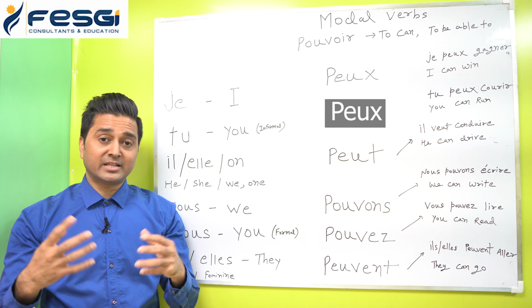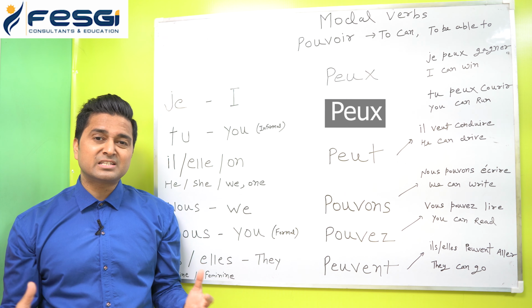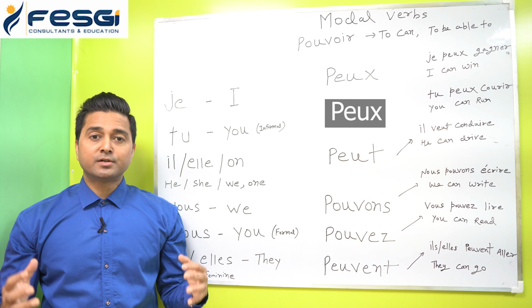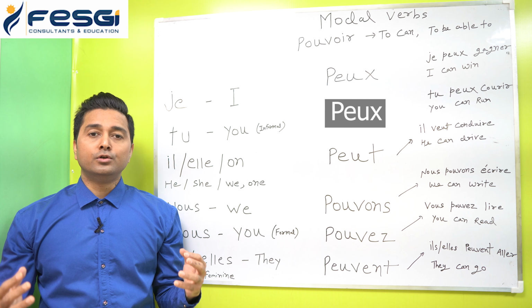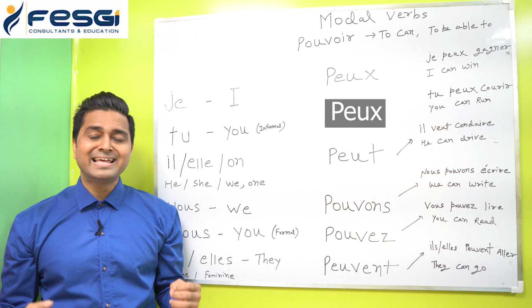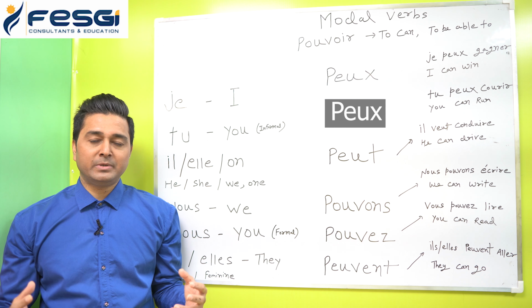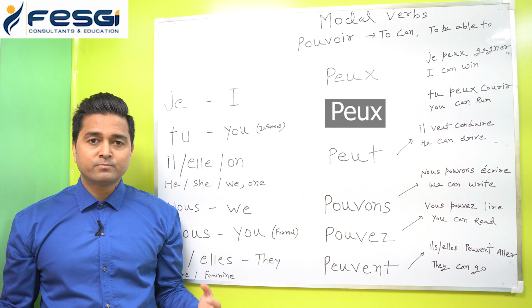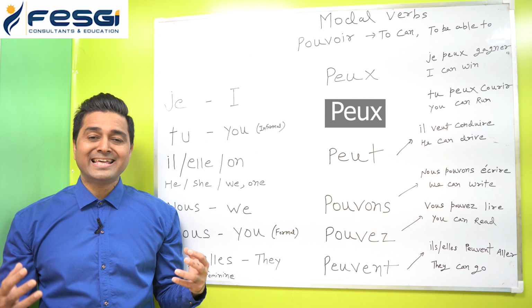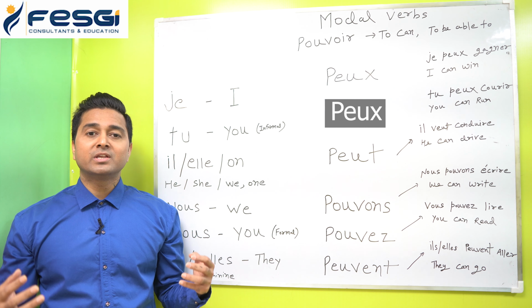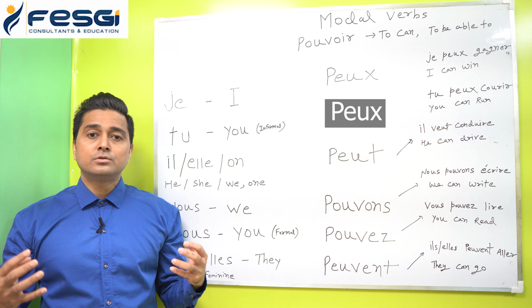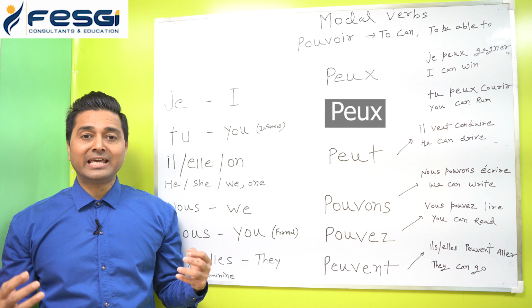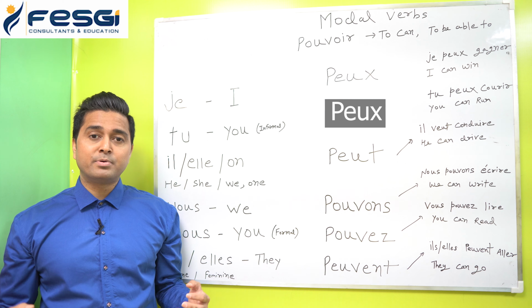And I can also pronounce, so you can repeat after me, or maybe you can pause and then go back, and then again you can follow the pronunciation. Je peux, tu peux, il peut, elle peut, on peut, nous pouvons, vous pouvez, ils peuvent, elles peuvent. That means je peux, I can, tu peux, you can, il peut, he can, elle peut, she can, on peut, we can, nous pouvons, we can, vous pouvez, you can, ils peuvent, they can, elles peuvent, they can.